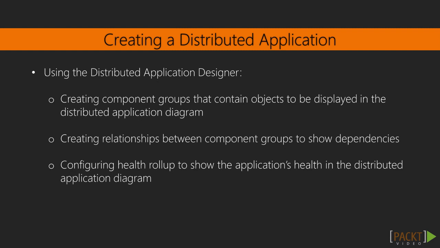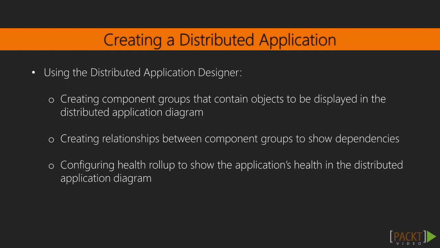After you have added all of your different components, you'll need to create a relationship between the component groups to show what their dependencies are. Showing their dependencies displays each component's dependency in a diagram view. To create a relationship between two components, you'll click the Create Relationship button on the toolbar and then drag that arrow from the first component to the second component.